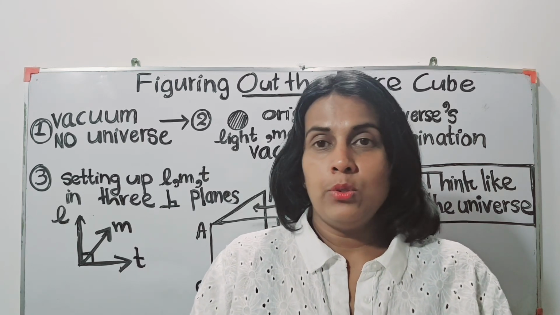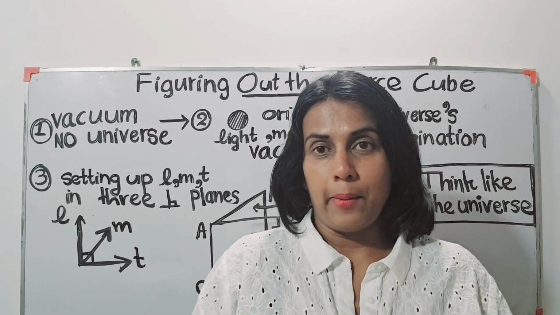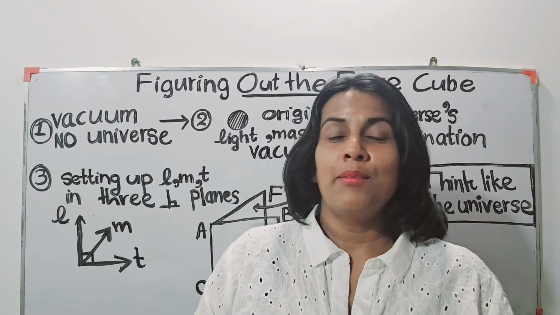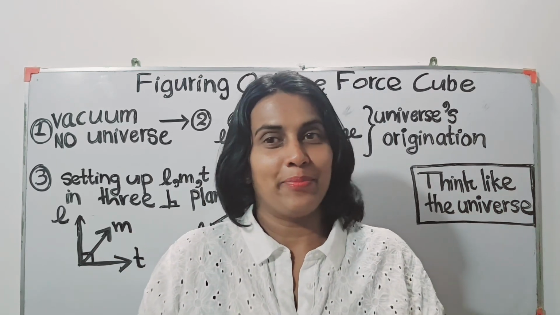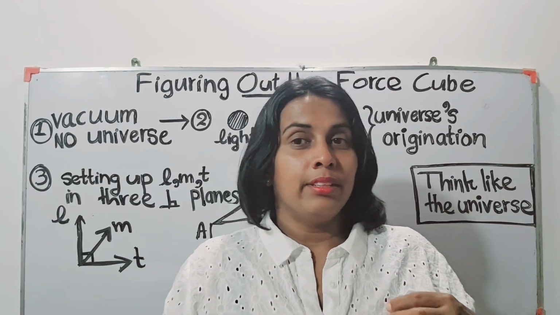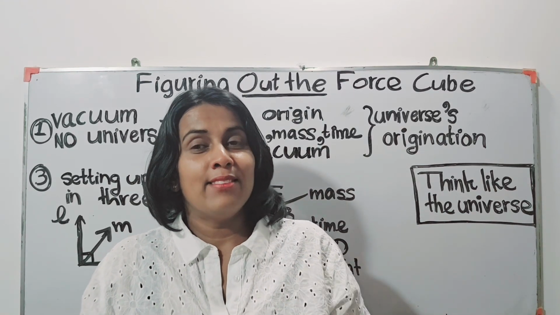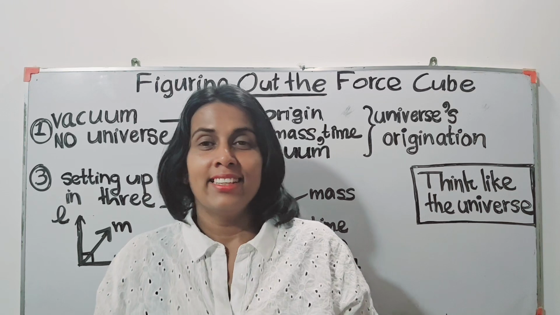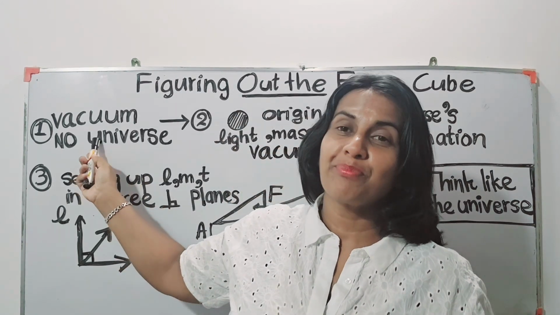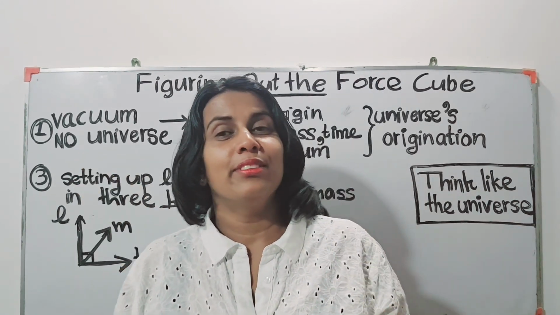You can't define or figure out anything there, because no objects can be seen. So the universe was also like that. Then it has to start from nothing, that is from the vacuum, and continue the creations.